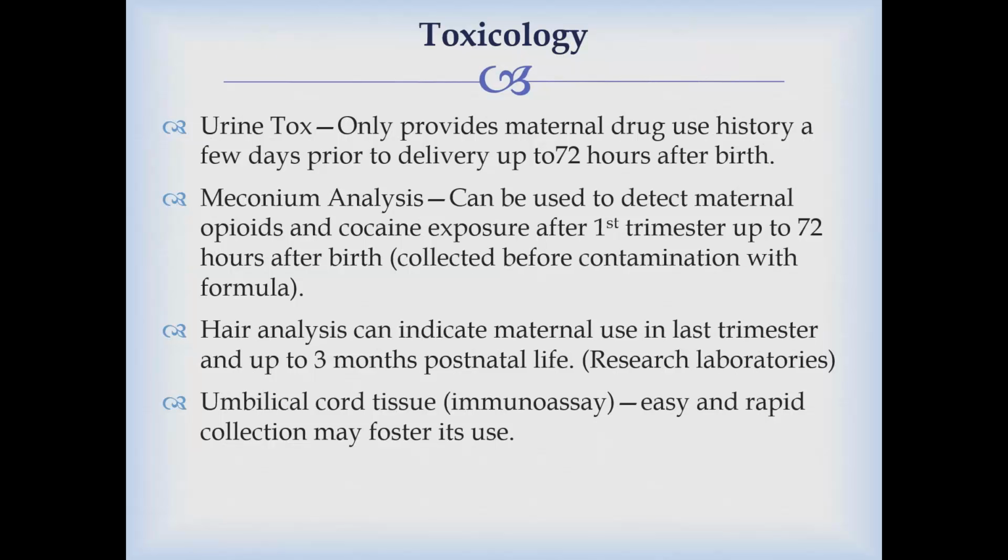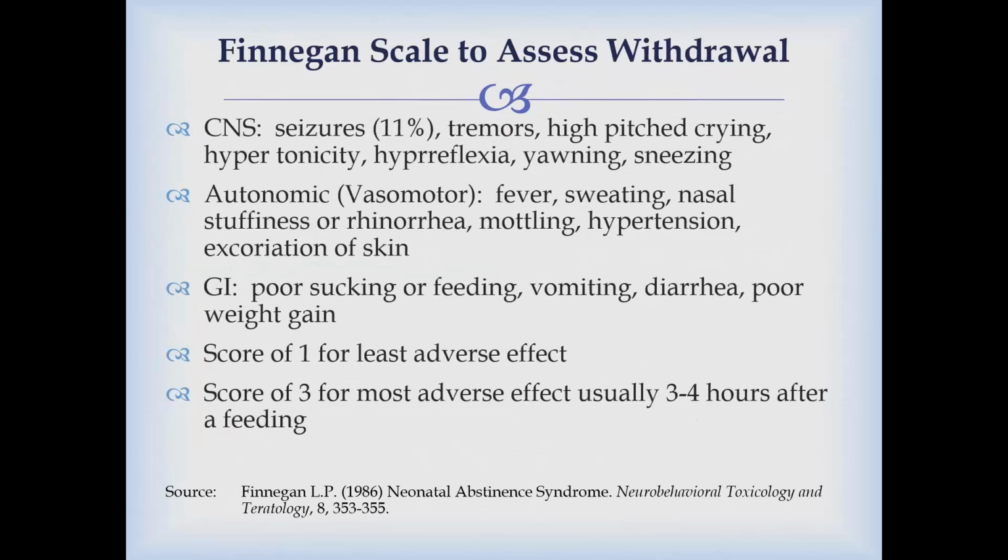In order to assess what is happening with the newborn, a scale was created by Finnegan in 1986, and he noticed significant patterns of behavior and abnormalities that affected the CNS, GI systems, and the autonomic system.